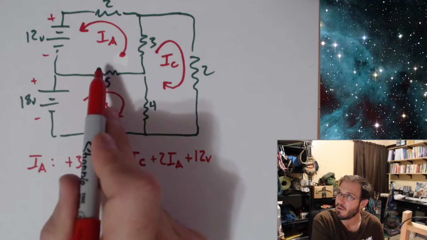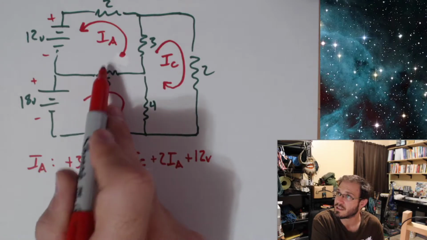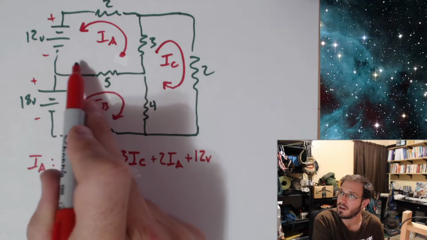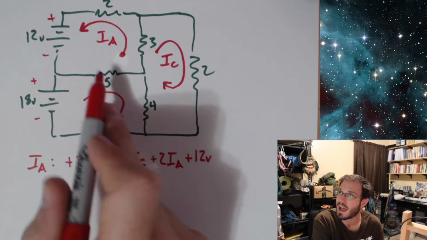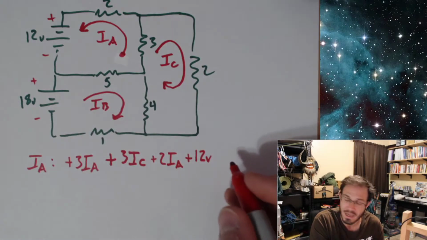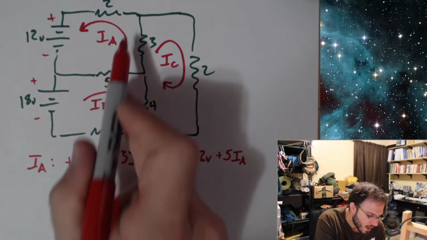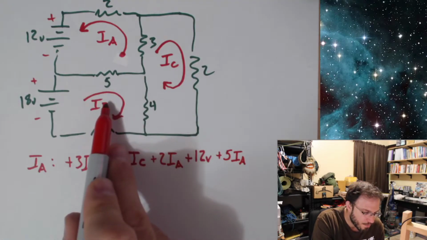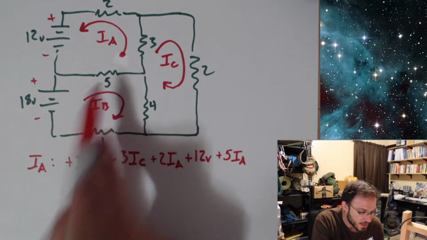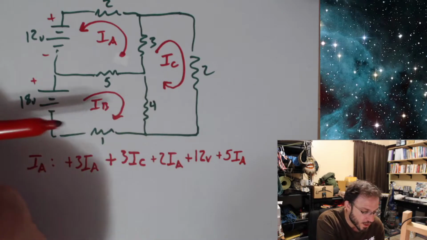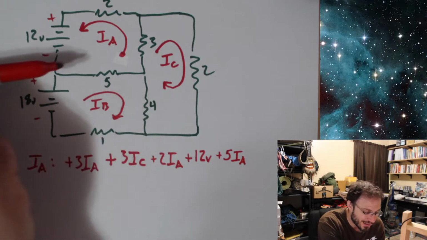Okay, and now I have this 5 ohm resistance over here, so let's follow around, and I get plus 5IA, still positive with respect to IA. But we also have IB involved in this 5 ohm resistance, and IB is going to the right. Well, IA was also going to the right.